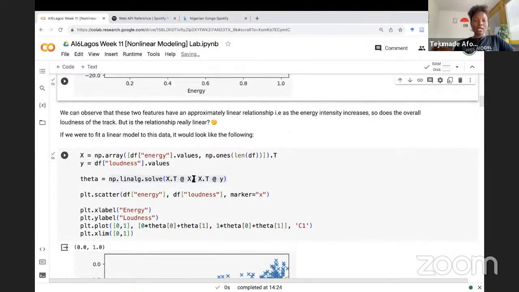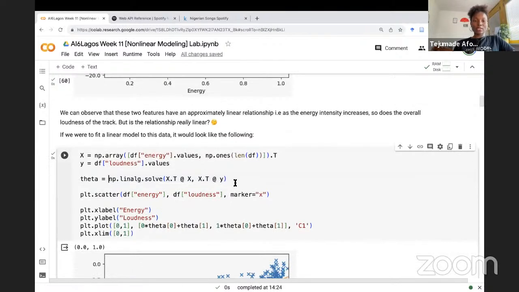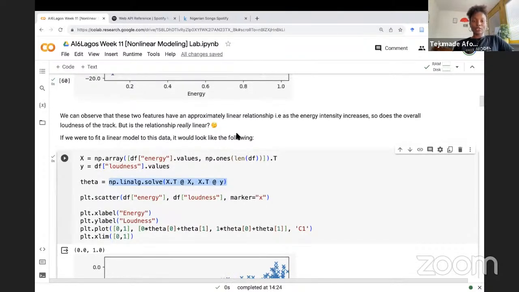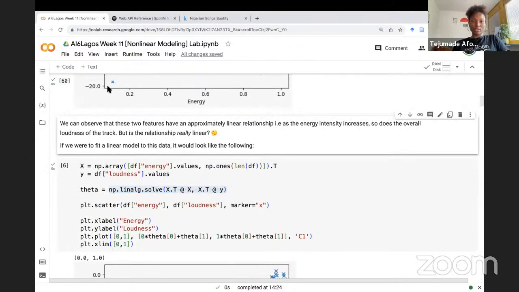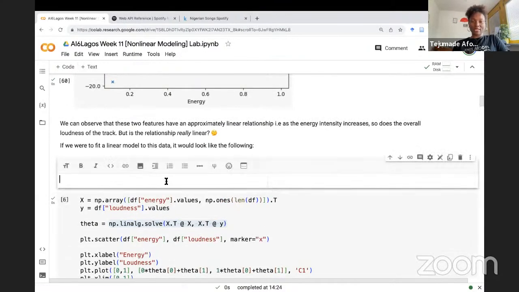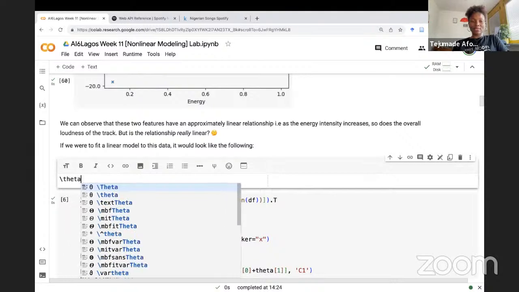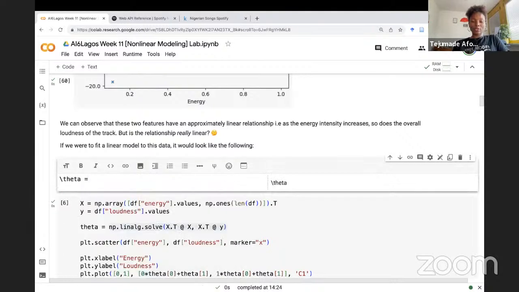Now that we have the plot, we can write the linear equation. What we have here is the same thing as when we had theta equals X transpose X inverse, then X transpose Y. By the way, I'm using LaTeX to write this equation. It's okay if you don't know what that is.